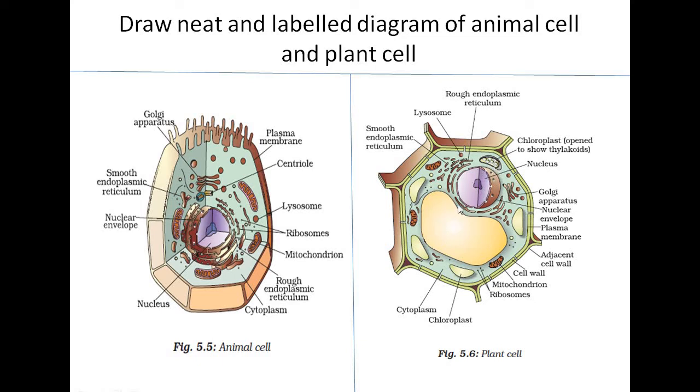Most of the space in the center is occupied by the vacuole. The space in the center is occupied by this structure which is called vacuole. This is a vacuole seen in plant cell. The vacuole pushes the nucleus towards the side.